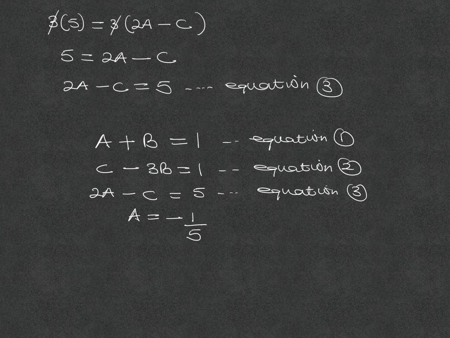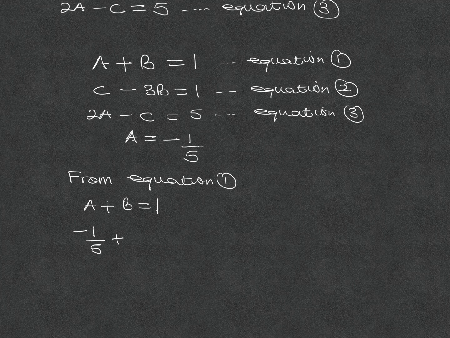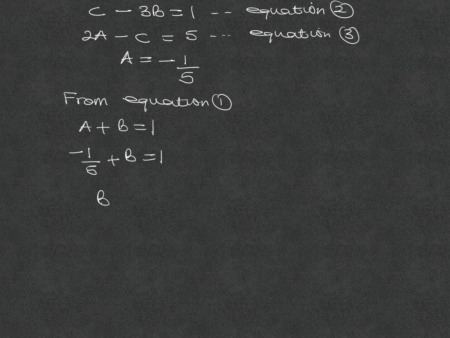But let us not make the work difficult. So from equation 1, a plus b is equal to 1, and a is minus 1 over 5, plus b is equal to 1. So b will be equal to 1 plus 1 over 5.